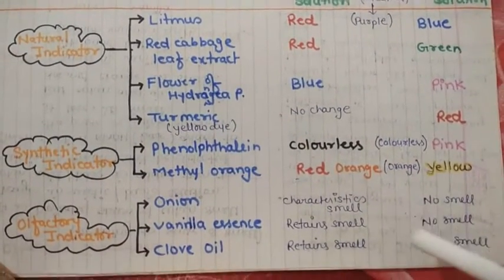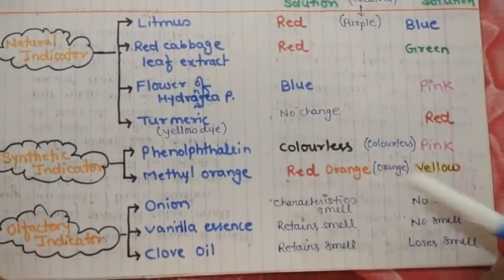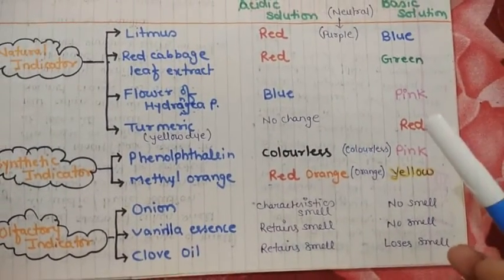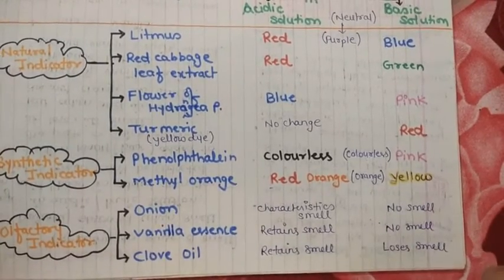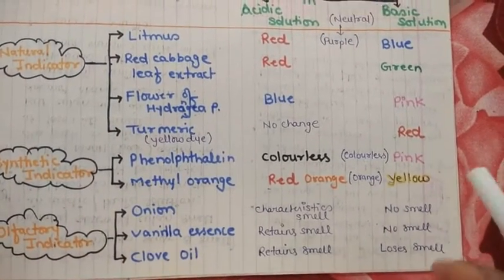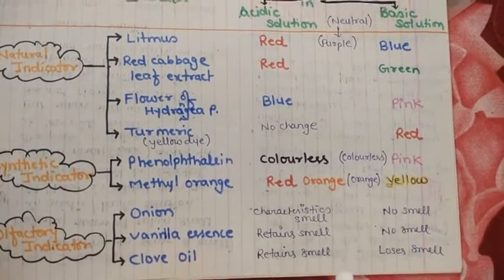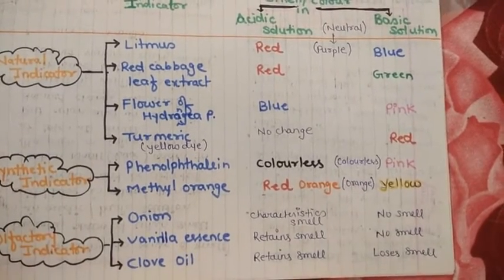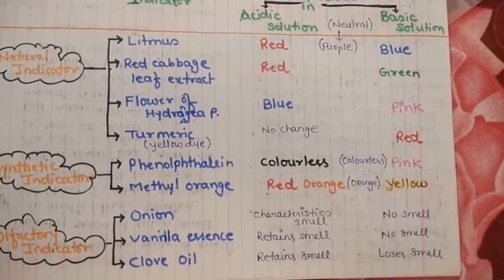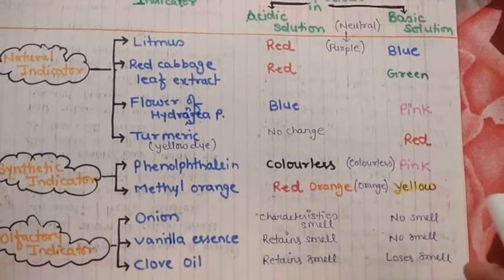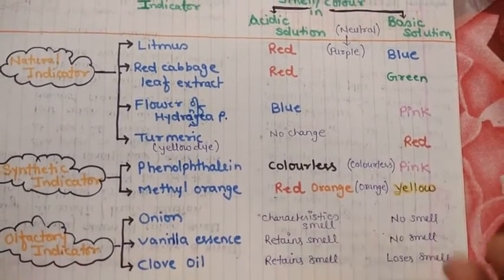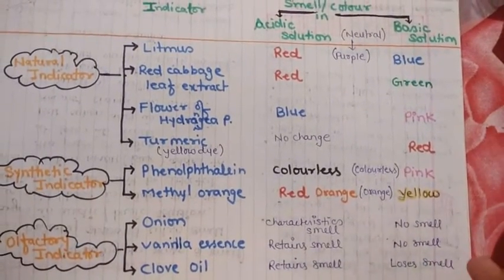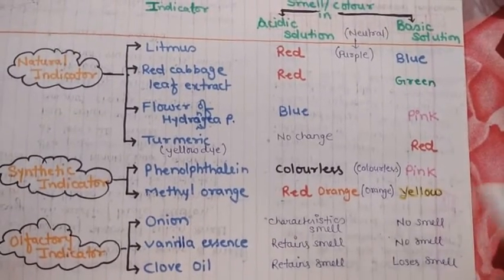This can be very well tested at home also. If we cut onion by our hands and wash our hands with simple water, the smell of onion is retained. But if we wash our hands with a basic substance, that is soap, we all know that soap contains base. Then the smell will be lost.